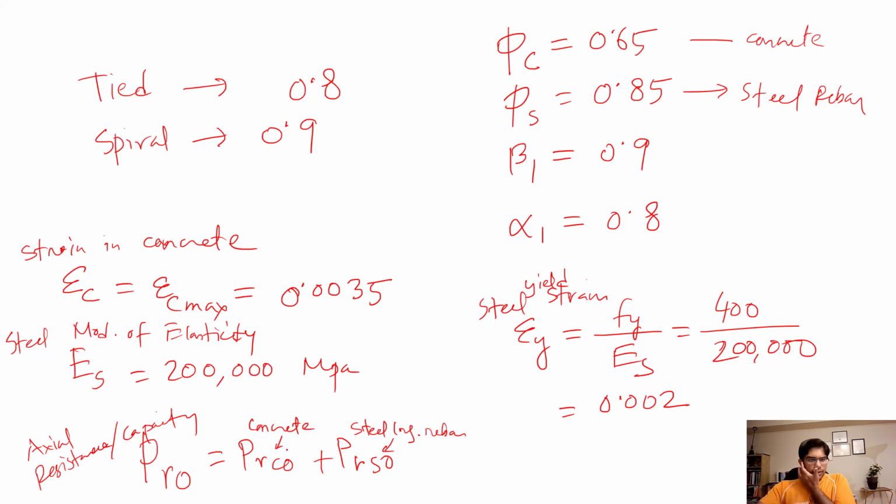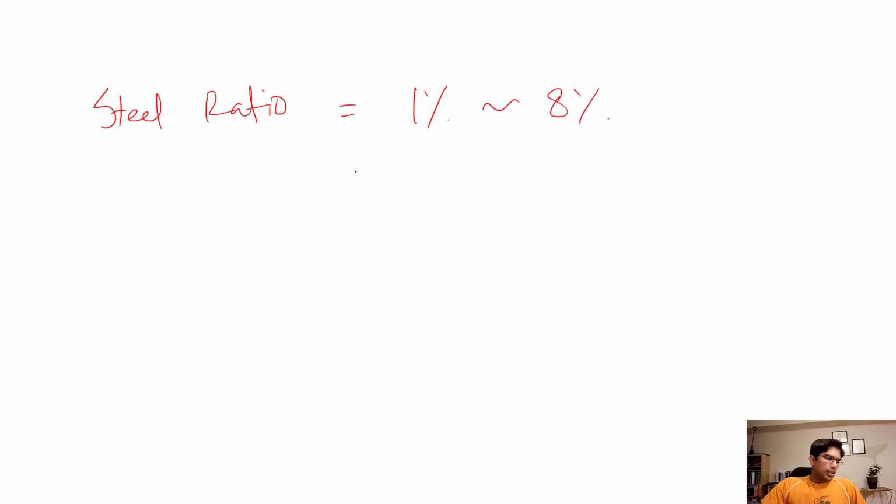Okay, so next slide. I'll take you through some other basic theories for column design. One is the steel ratio. The steel ratio is 1% to 8%, which is 0.01 to 0.08.